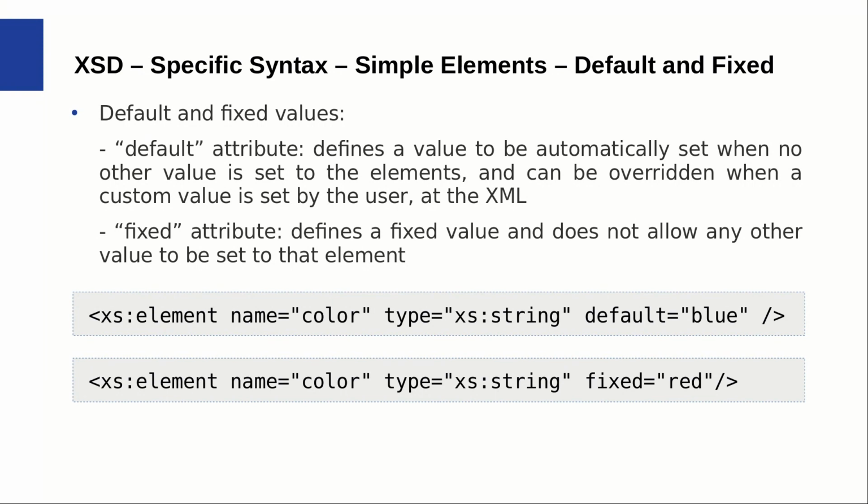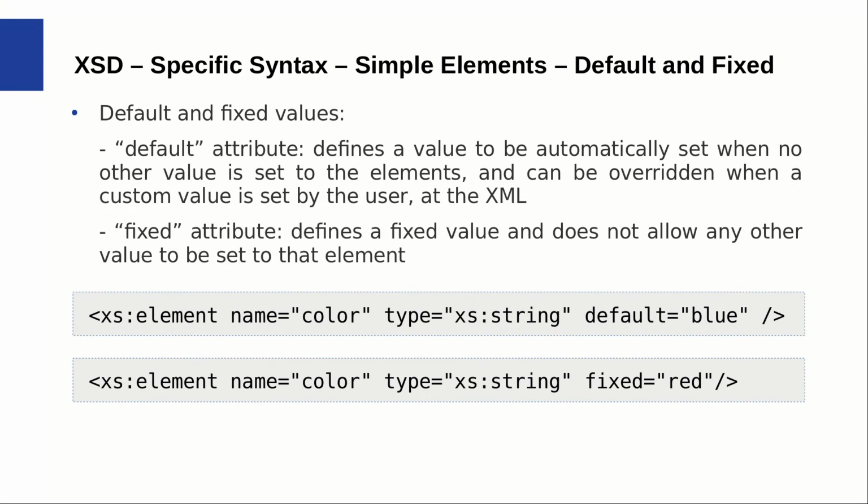And the fixed attribute, on the other hand, defines a fixed value that does not allow any other value to be set or to override this fixed value in the XML instances.